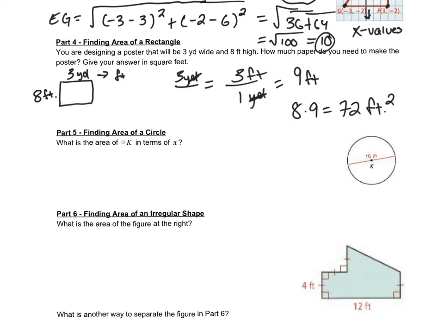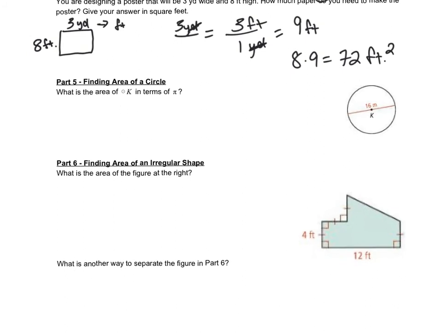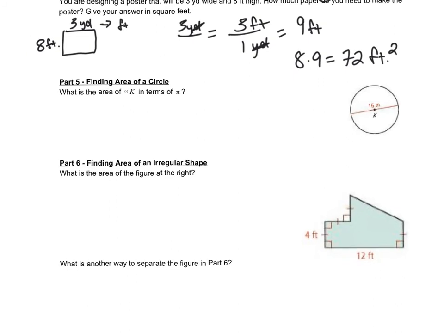In part 5, we are finding the area of the circle K. And remember, the area of a circle is equal to pi r squared. Now remember, the radius is the diameter divided by 2, where our diameter is 16. So we divide that by 2, and we get 8.